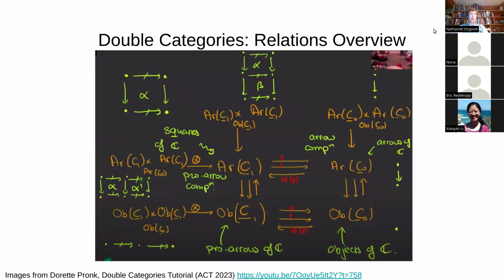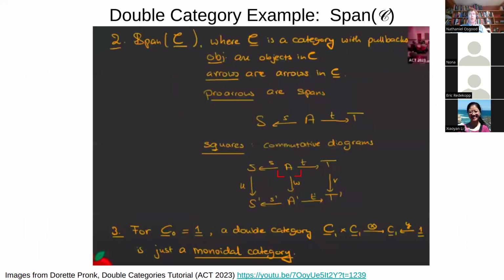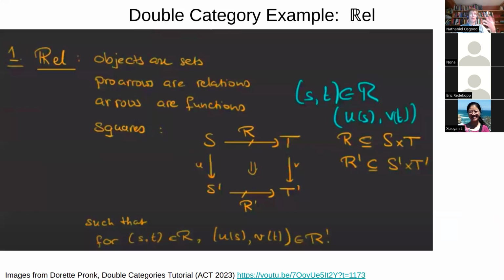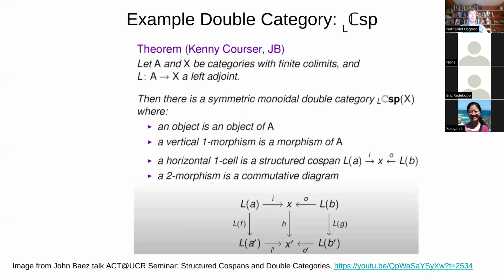But really what I wanted to do today was to sort of gesture at some examples of double categories, particularly for open C-sets, so things like open stock flow diagrams, open causal loop diagrams, etc.